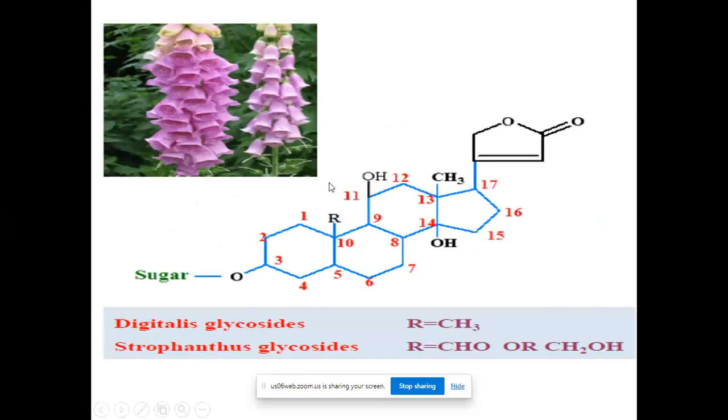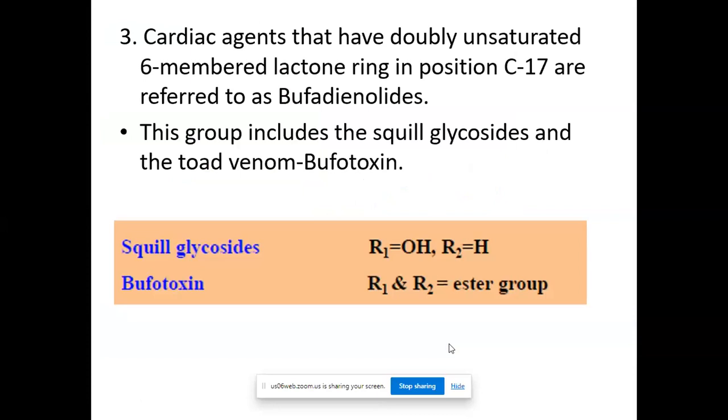The only difference is in the R group here, where the digitalis has a methyl group, and the strophanthus has this group here. Cardiac agents that have double unsaturated 6-membered lactone rings at C17 are bufadienolides. I had already explained this.